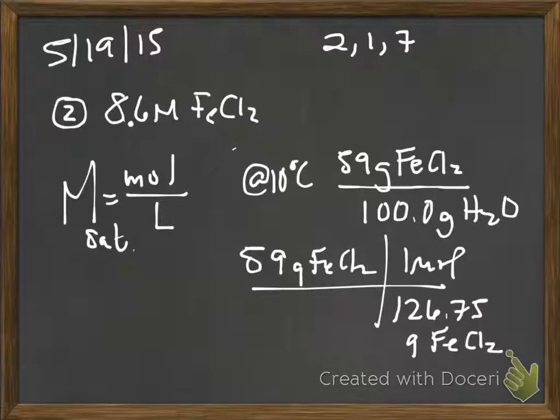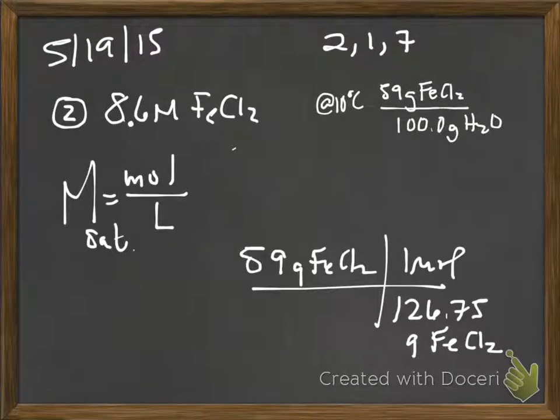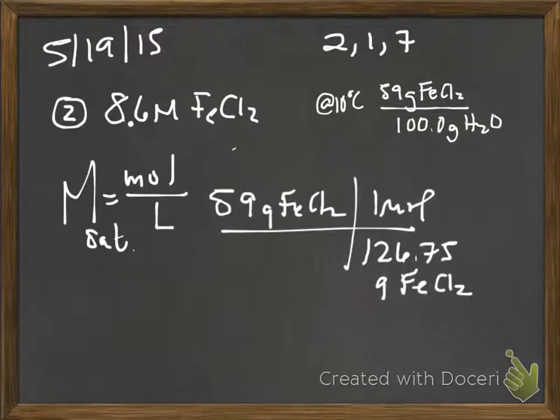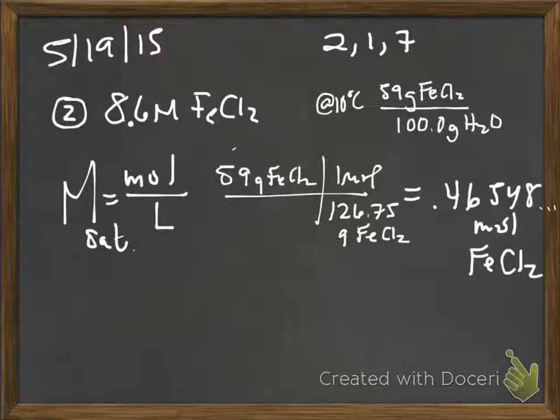So in that 100 grams of water, how many moles of iron 2 chloride do we have? We get 0.46548 and so on moles of iron 2 chloride.